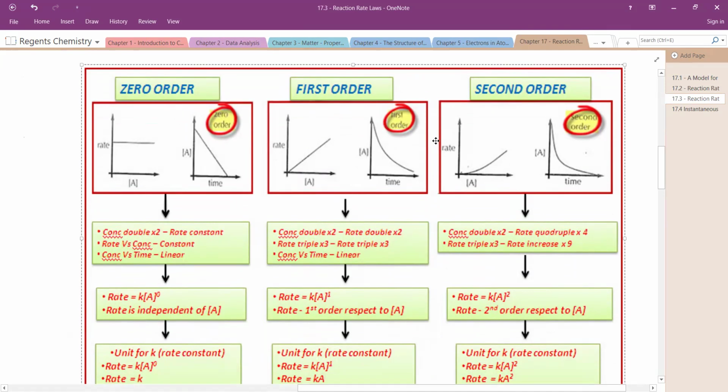A more standard type of reaction is called a first order reaction, where when we vary our concentration of A, we do see a change in our rate. And so, for example, in this first order reaction, if we double the concentration, we also double our rate. If we triple our concentration, we also triple our reaction rate.